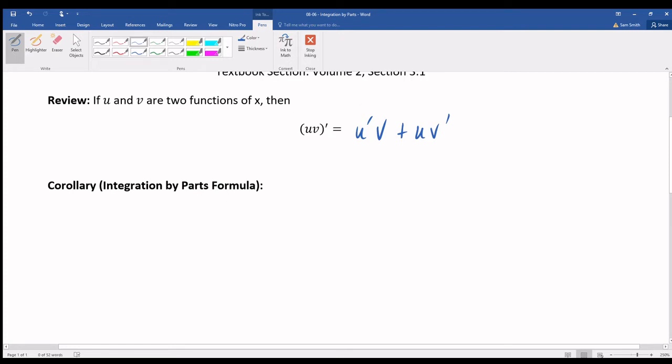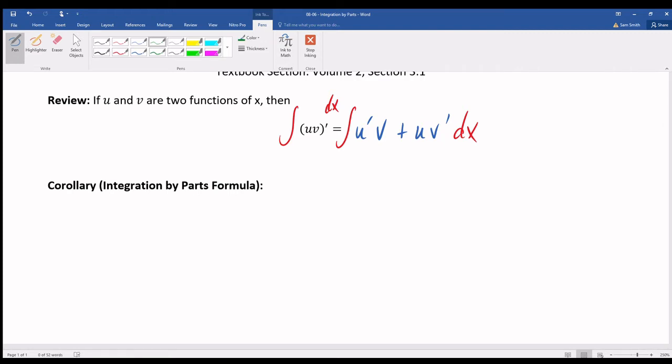Now suppose that I went backward and I decided to take this expression and integrate both sides with respect to x. Well, the fundamental theorem of calculus says that if you integrate a derivative, or take a derivative of an integral, those two actions cancel each other out.